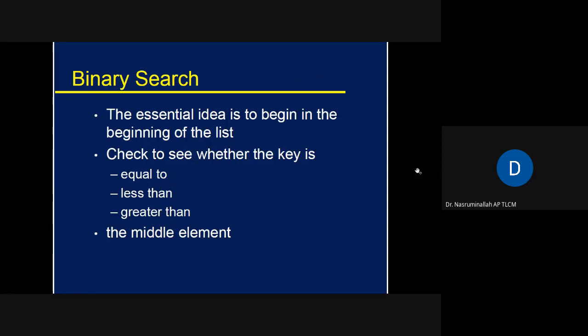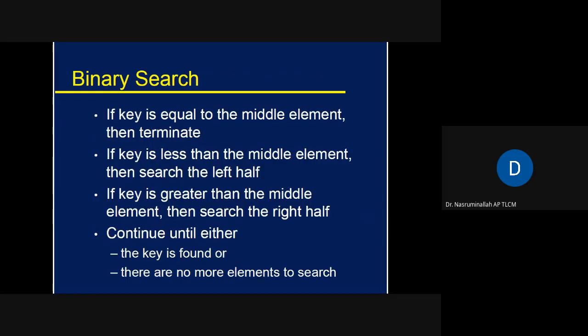For each of these conditions, we have to perform a different operation using binary search. So if the key is equal to the middle element, then that's it, because that was the task we were targeting, to find the key. If the middle element is equal to the key, it means you have found the element. Stop.